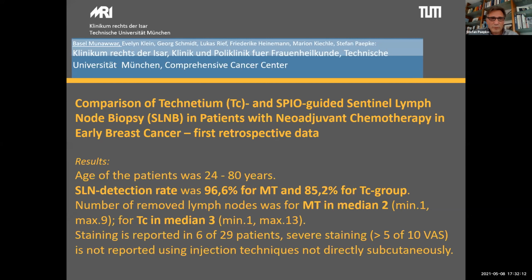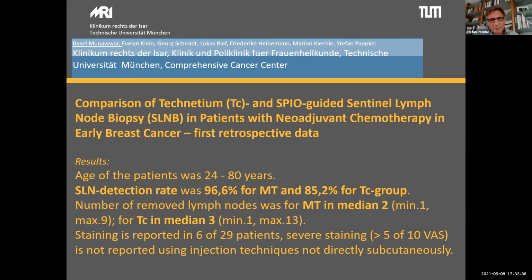And the number of removed lymph nodes: you remember the data from Abigail Caudle from MD Anderson, and what we have seen in the literature, take more and your false negative rate is decreasing. Good idea. But to have the exact number of lymph nodes that was involved, or that you want to have, is an important issue.